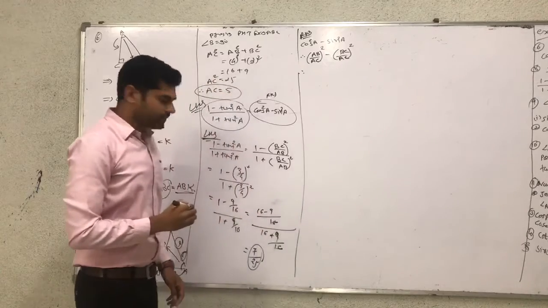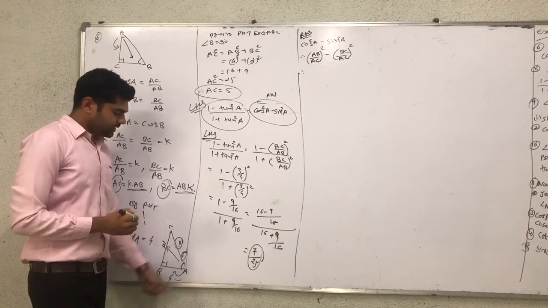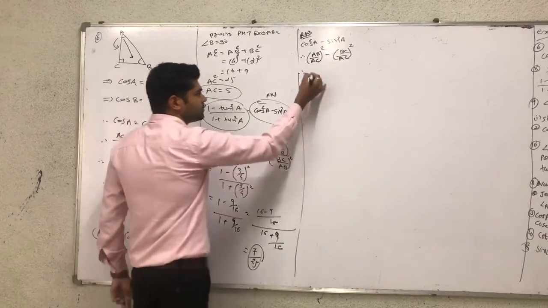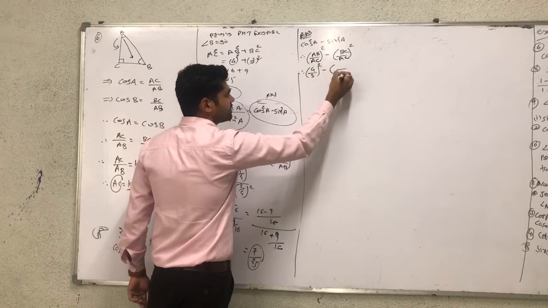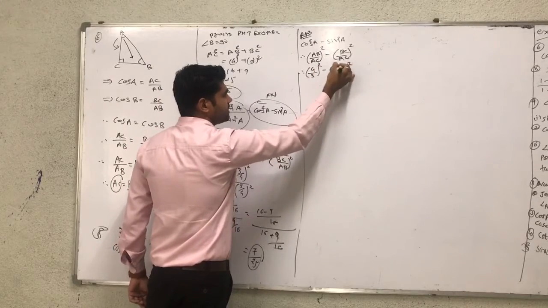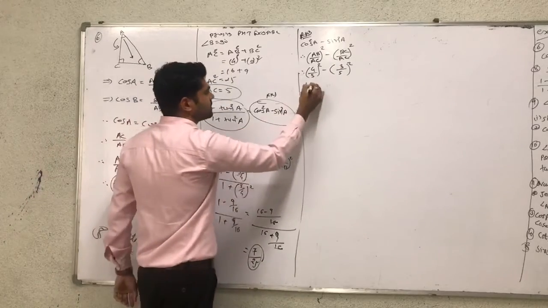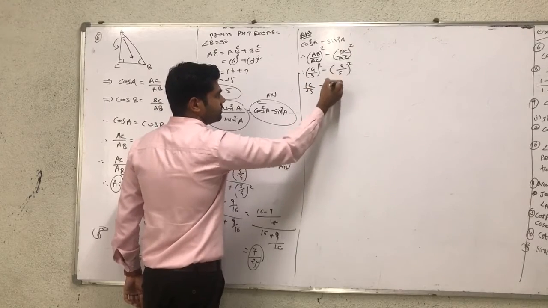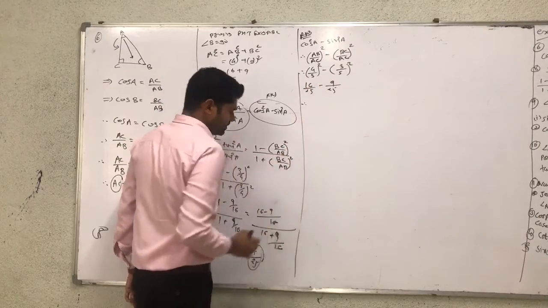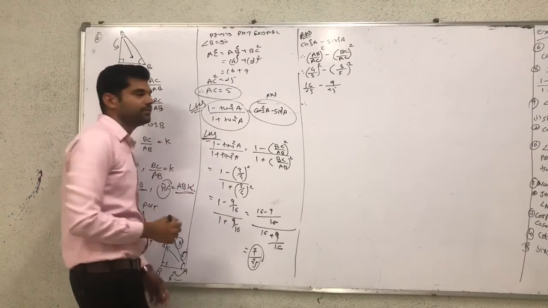Value of AB: AB is equal to 4. AC is equal to 5. So 4 divided by 5 whole square minus BC divided by AC, BC is equal to 3. 16 divided by 25 minus 3 square, 9, divided by 25. 16 divided by 25 minus 9 divided by 25.